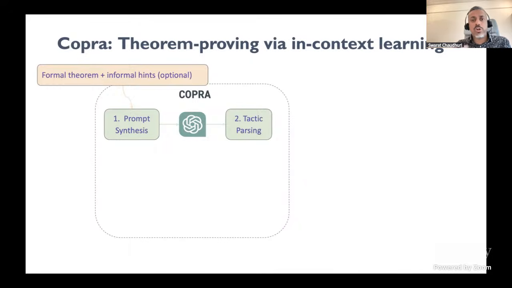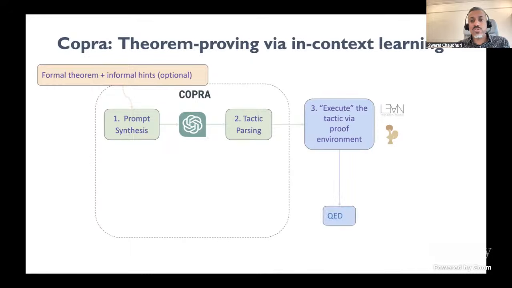Your model has predicted an action, or tactic in this case, and then you parse that tactic because it will be in the form of text. So you parse it into a structured format, and then you execute it via the proof environment. And this could be Lean or Coq or Isabelle.